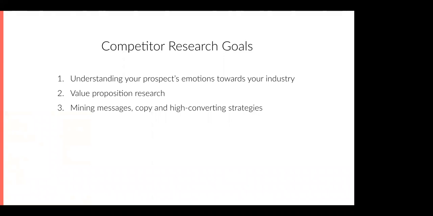So competitor research is a key part of identifying your value proposition, and it's a great way to get a better understanding of where you should be, what kind of gap you should be filling.